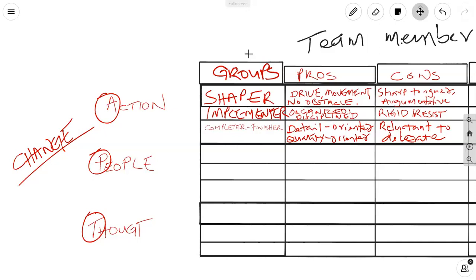Now, when we think about these groups, we are bound to see a bit of ourselves, and we're also bound to see others. So when I look at shaper, I see qualities that have been described about leaders we know. For example, Steve Jobs is definitely one shaper that comes to mind. And if you know enough and have read enough about Steve, you also see the completer finisher. My goodness.